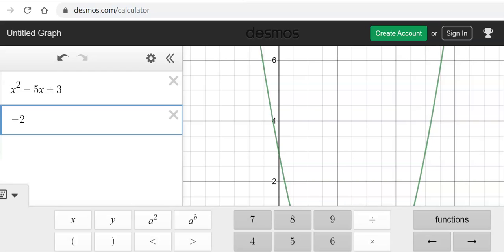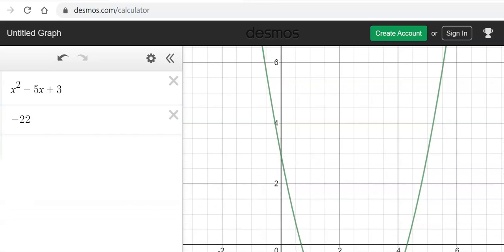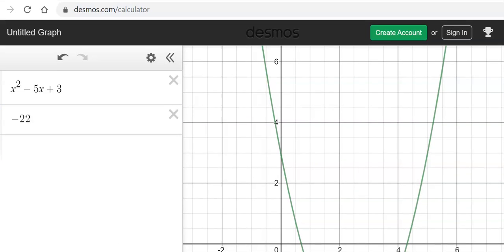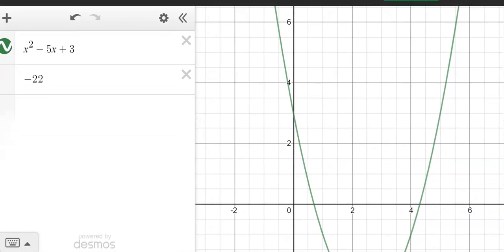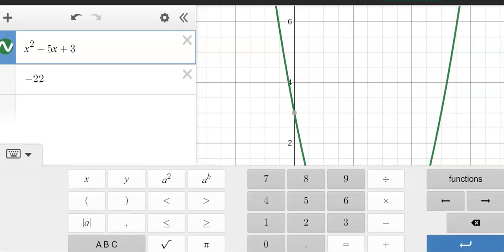Now for the absolute value, there's a button down here that says absolute value of a, and that's what we would type.